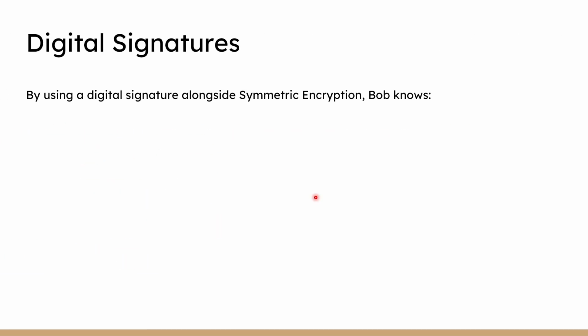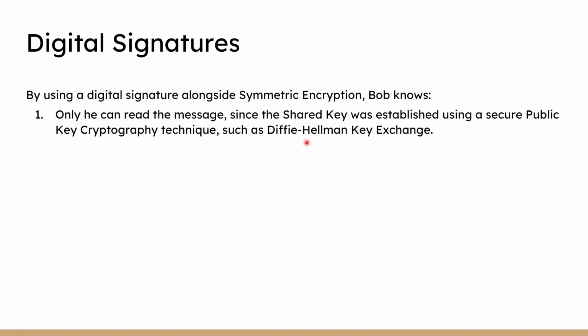So, yeah, by using a digital signature alongside symmetric encryption. So this is the public key cryptography part, and this is the symmetric part. Bob knows for sure that only he can read the message, because the shared key was established using a secure public key cryptography technique, such as Diffie-Hellman Key Exchange.